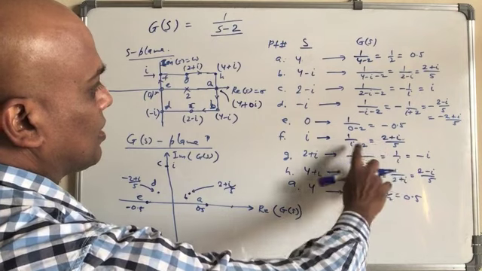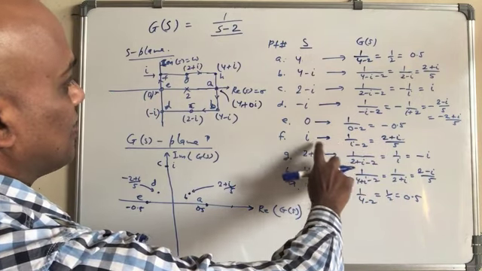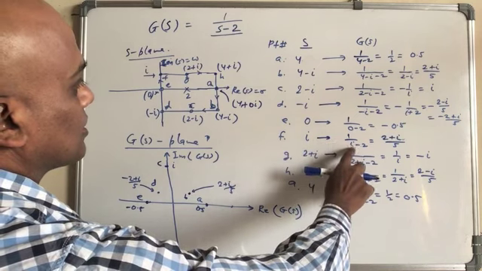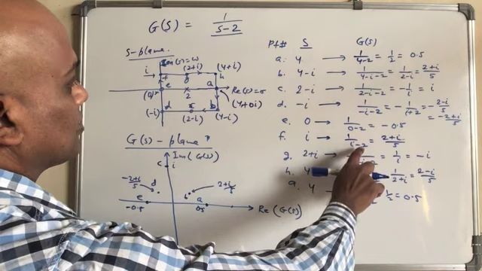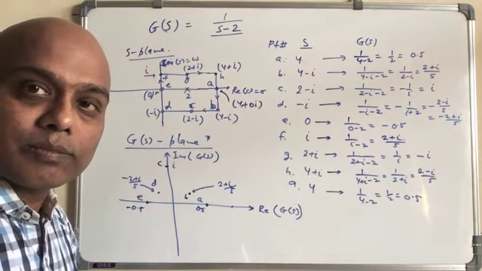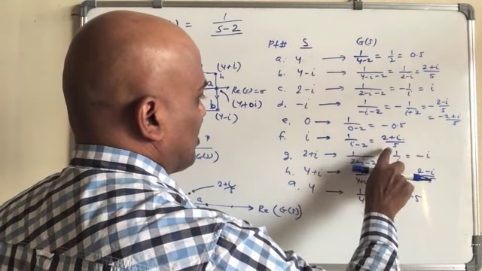Okay, there is something wrong here. The F value should not be like that. So what is the problem?